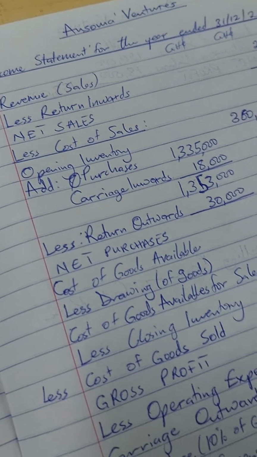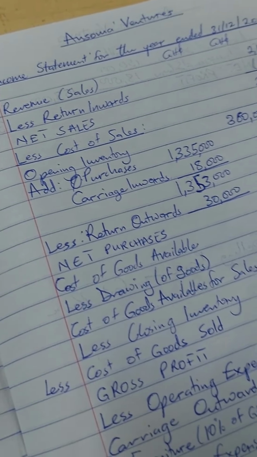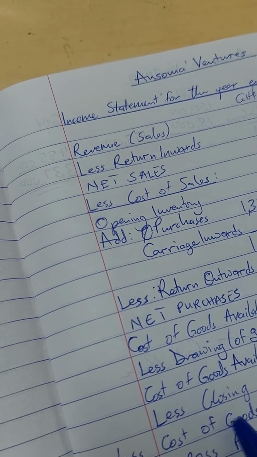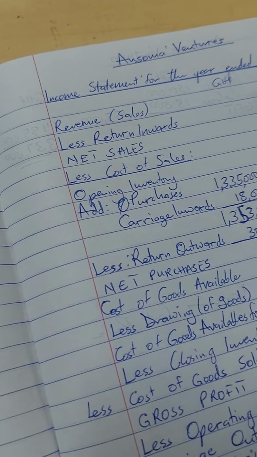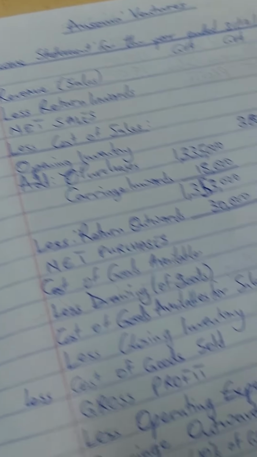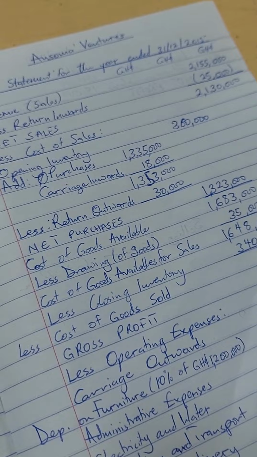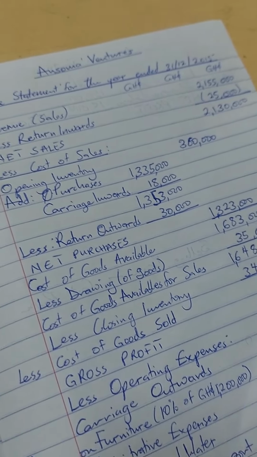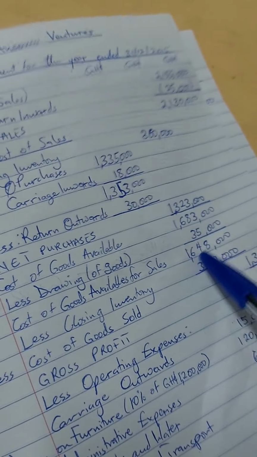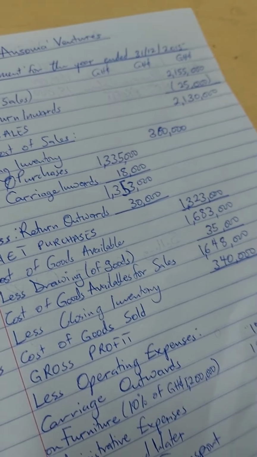Sometimes there is an element we call wages. If you see only wages, it means that the wages will come before you get your gross profit. Wages is considered a direct expenditure. It's an expenditure that you cannot do away with. In working in the business, you definitely incur that expenditure before you are even able to sell.